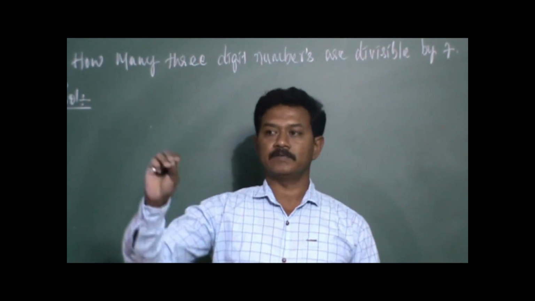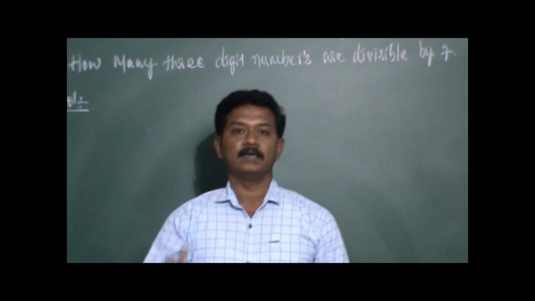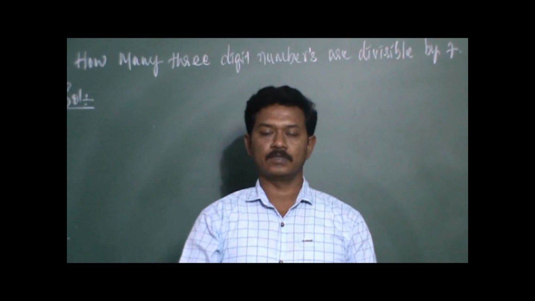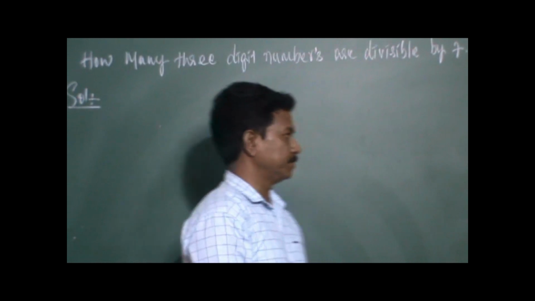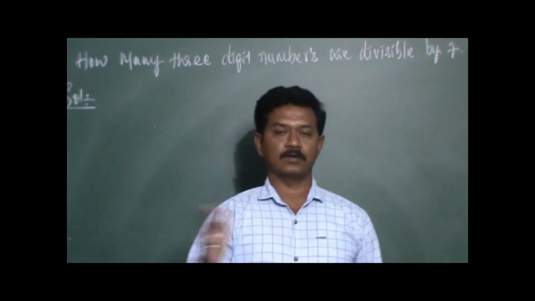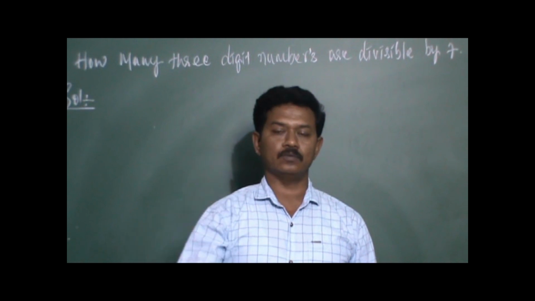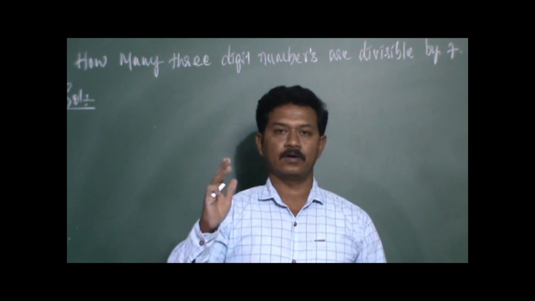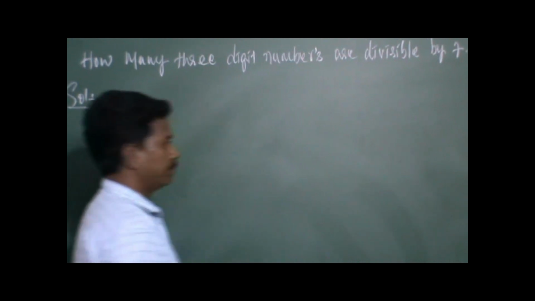So let us start with the first number, that is 100, the first 3-digit number. Check whether 100 is divisible by 7 or not. No doubt it is not divisible, because 100 is even and 7 is odd. So therefore, go with 101. 101 divided by 7, you will not get a remainder as 0. 102 is not divisible by 7. 103 is not divisible by 7. 104 is not divisible by 7, and 105 is divisible by 7.